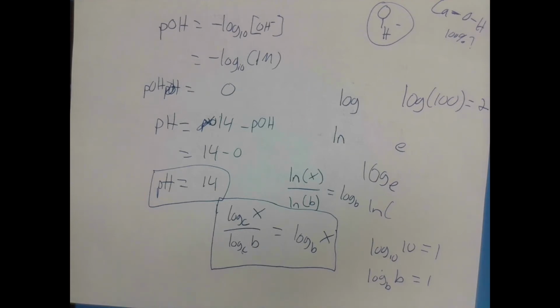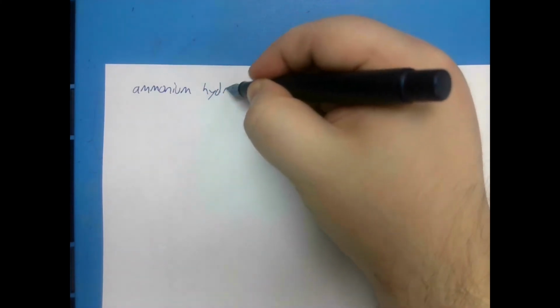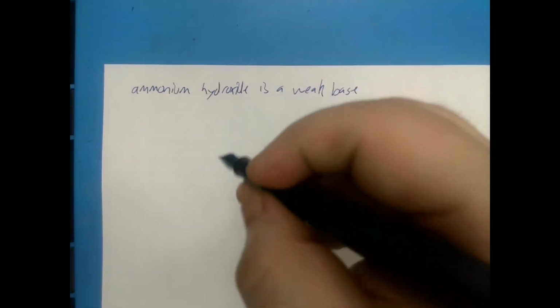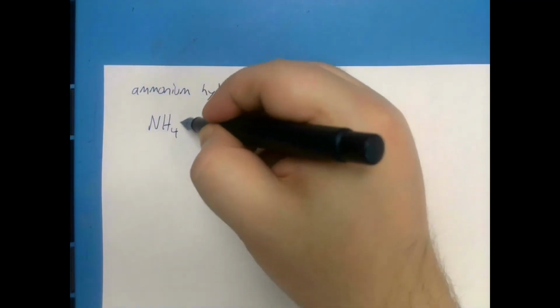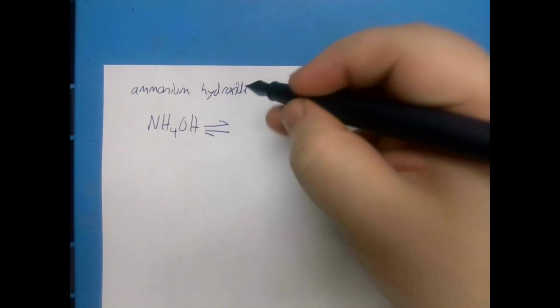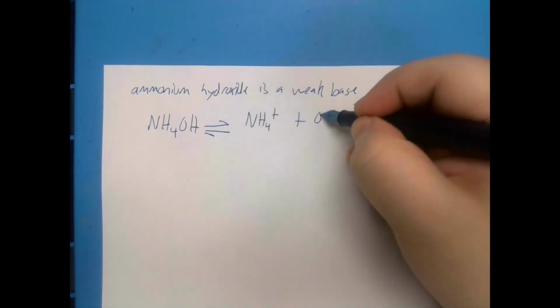Ammonium hydroxide is a weak base, NH4OH, which means it does not 100% convert into NH4 plus and OH negative.